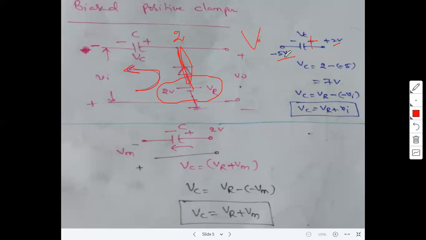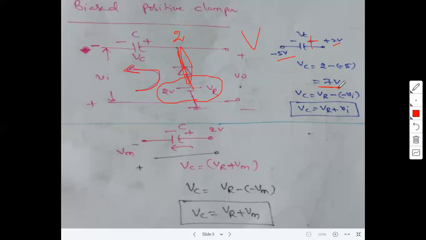The capacitor always tries to charge to the difference between the plates. Here the positive plate is 2 volts, minus the negative plate at minus 5 volts. The total charge of the capacitor is 7 volts, right? In this circuit the capacitor may charge to a maximum of 7 volts.